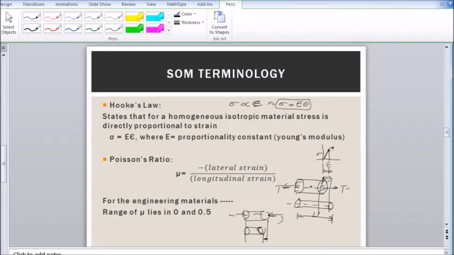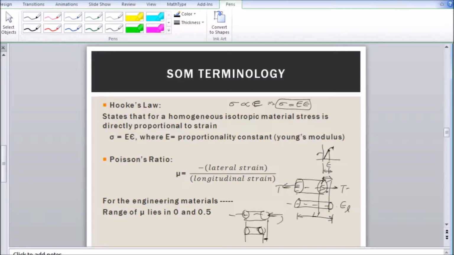Whatever it is, there is a change in dimension in the direction of the applied load. This is the longitudinal direction, or applied load direction, and the strain there, let us name it longitudinal strain.